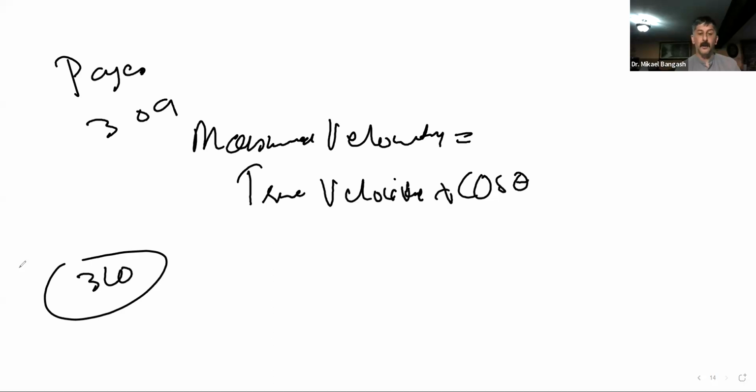Where we say, if the true velocity, for instance, was, let's say, 20 centimeters per second, and our angle of scanning was 0 or 180, both of those have cosine theta values of 1.